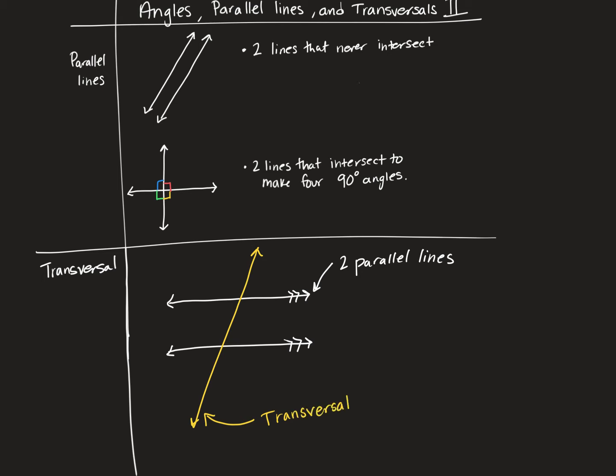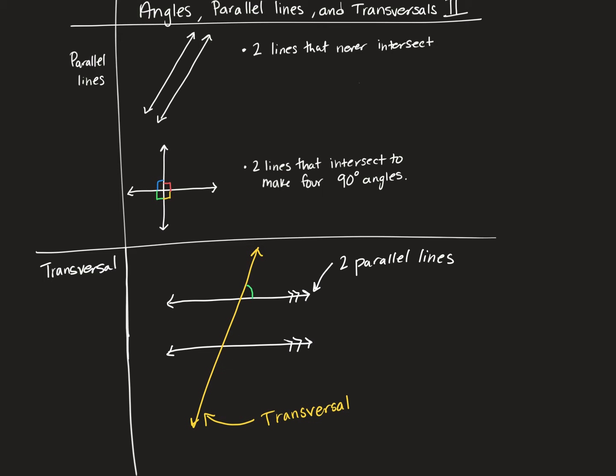So when you intersect 2 parallel lines, you make corresponding angles. Corresponding angles mean that they're the same measure. They're in different places on the transversal, but they're equivalent for all intents and purposes.